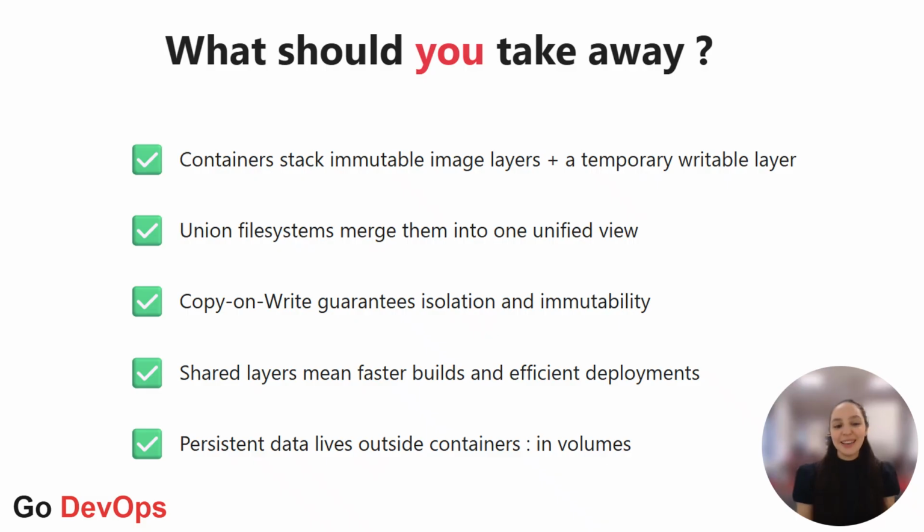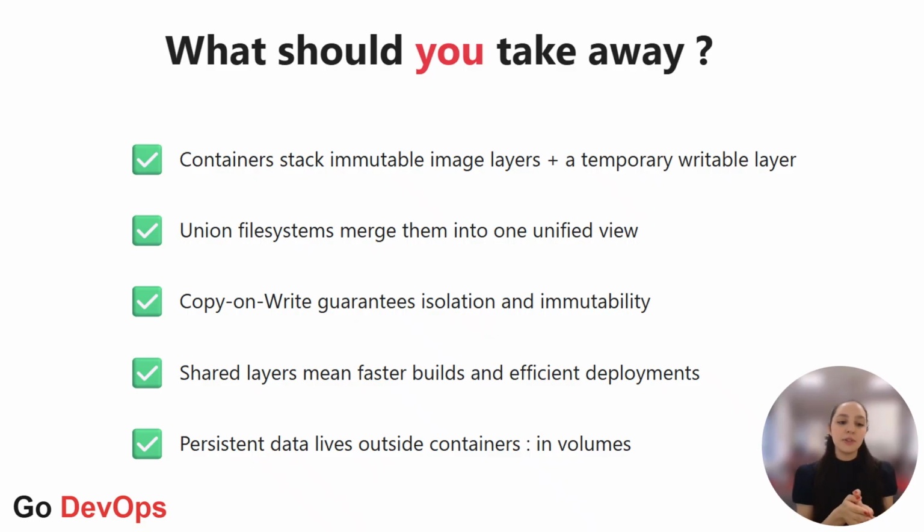So what you need to take away from this video is that everything we've talked about, from image layers to the writable container layer, all comes together to create one of the smartest storage models in modern computing. A container isn't just a running app, it's really a carefully stacked structure built from immutable image layers that never change, and we add to it a temporary writable layer at runtime.